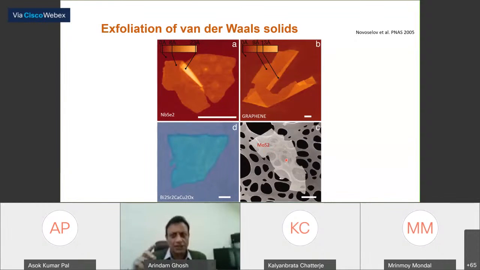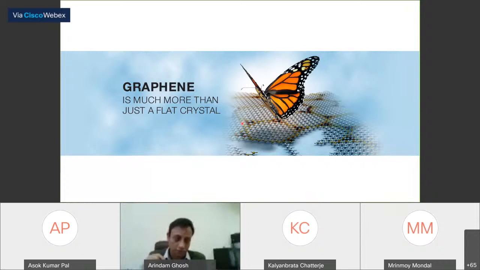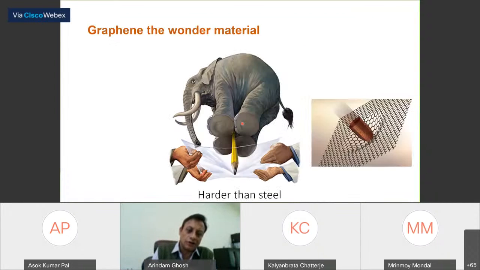Now, before I go to those details, I'll just tell you that graphene is not really just a flat crystal. It's actually very interesting. If you take an equivalent thickness of graphene, it is actually 200 times harder than steel. Graphene is extremely thin, but strong, because of the sp2 hybridization between carbon atoms.